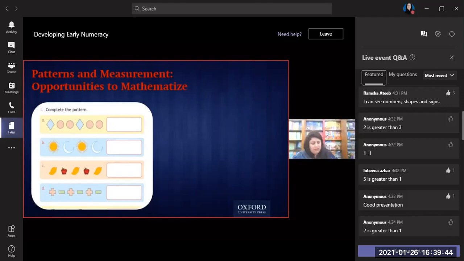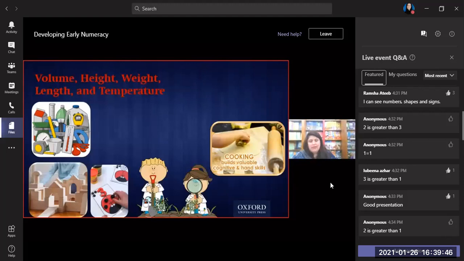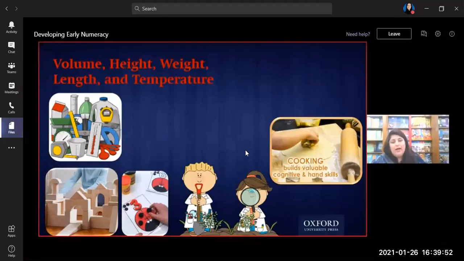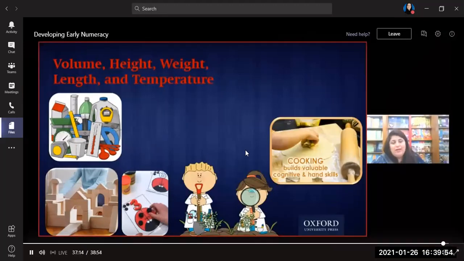So it's interesting to see that gradually we introduce children to the idea of volume, height, weight, length, and temperature.